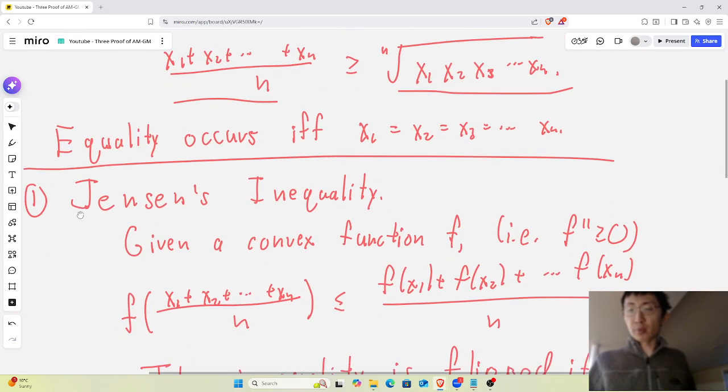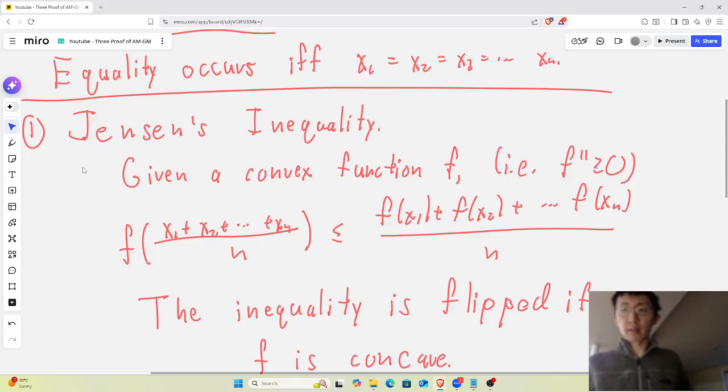So we're going to prove this with Jensen's inequality. Jensen's is a little bit more technical than AMGM, as it requires calculus, and AMGM can be proven without calculus. But nonetheless, Jensen's inequality provides a neat proof of AMGM.